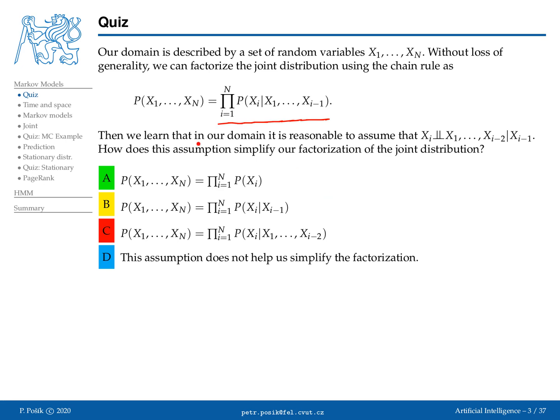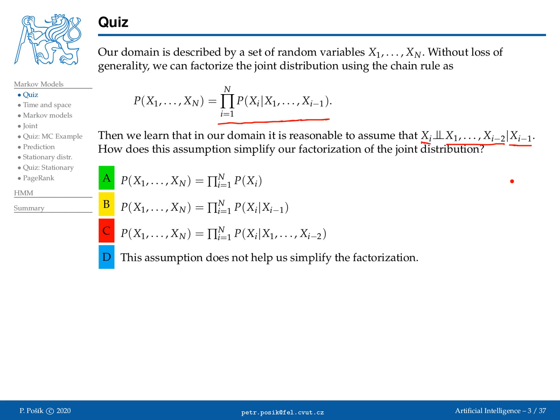And then you learn that in our domain, it is quite reasonable to assume that each xi is independent of all those previous random variables if you know the first predecessor.